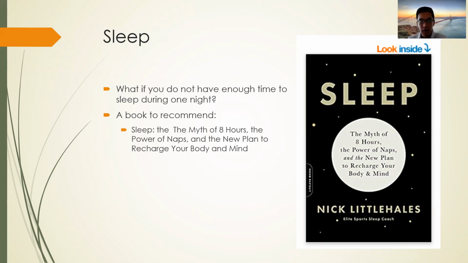And on Thursday night, you can have a normal 8 hours of sleep. So you can see what I mean. If you owe some hours of sleep debt, you need to pay back. You need to sleep more in the later nights.